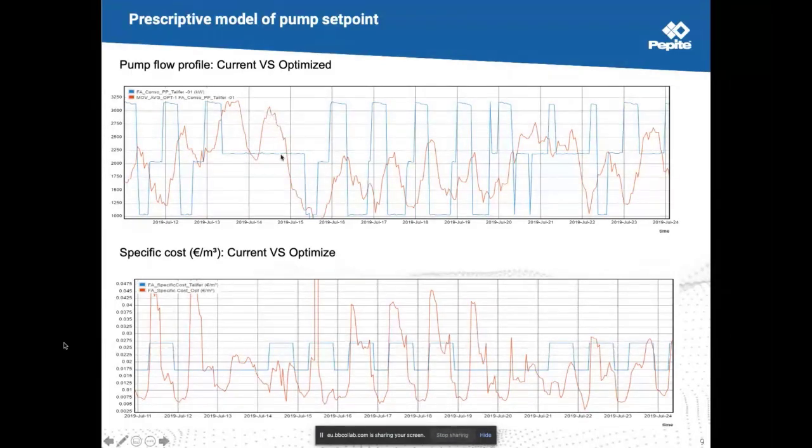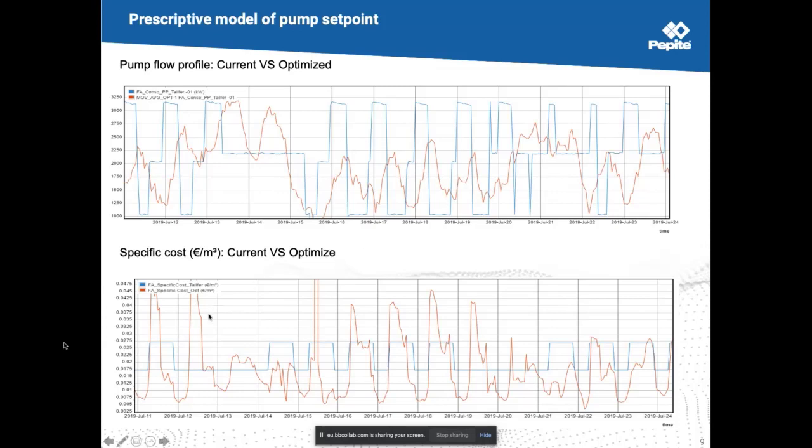And this is, of course, a big challenge as well for Vivaqua, because they need to change the way they operate the pumps as well, right? So it's quite interesting to see that by doing this change in the set schedule of the plant, we are still able to meet the demand of water consumption.